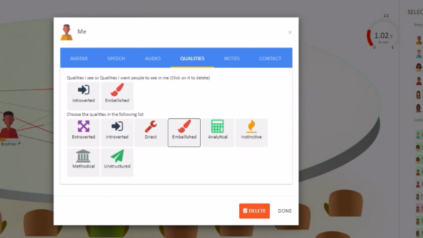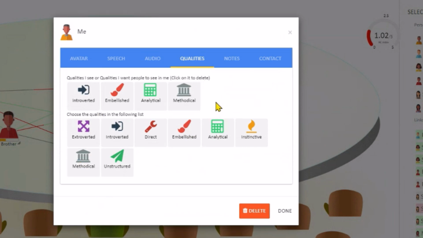So when you make a decision, you need data, or is it more a gut feeling? Analytical. Are you methodical? I mean that you respect times and you plan, or you are more unstructured? Methodical.